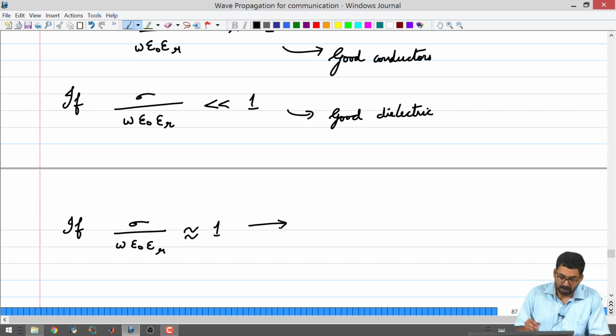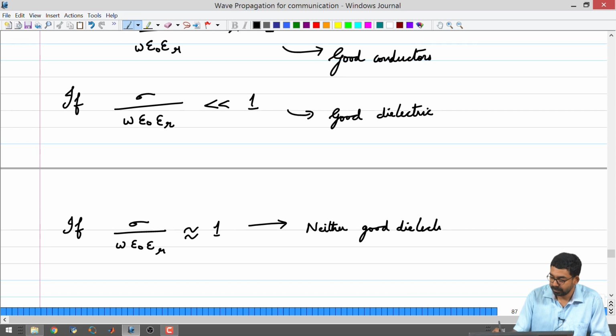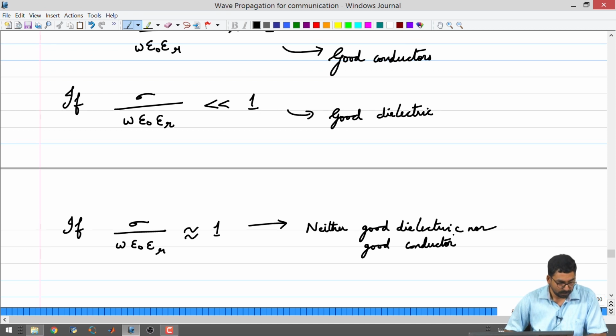Okay. So, these materials you can just say are neither good dielectric nor good conductor. Okay. So, this means that if sigma is approximately equal to omega epsilon naught epsilon r, you can expect that material to be neither a good dielectric nor a good conductor.